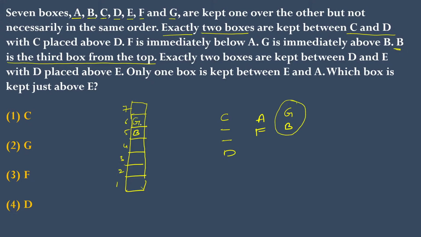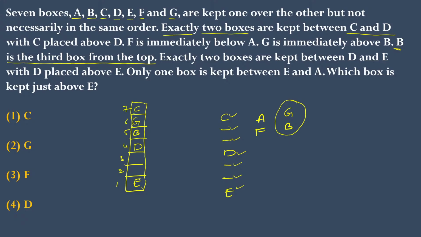Exactly two boxes are kept between D and E. D is placed above, and here we have C and D. Exactly two boxes between D and E, with D above, so we get 1, 2, 3, 4, 5, 6, 7.